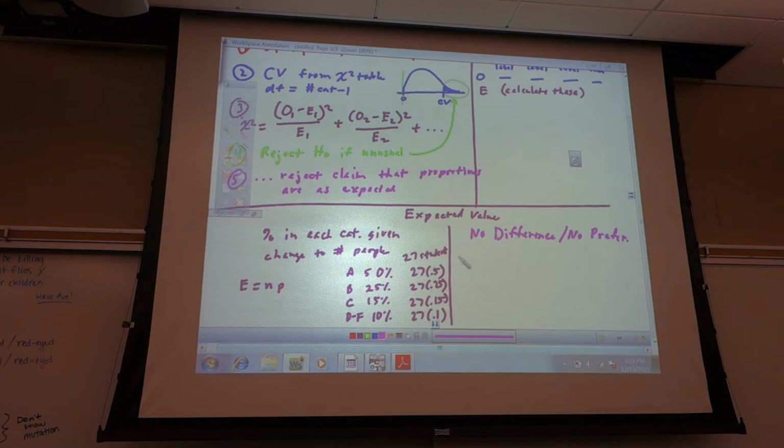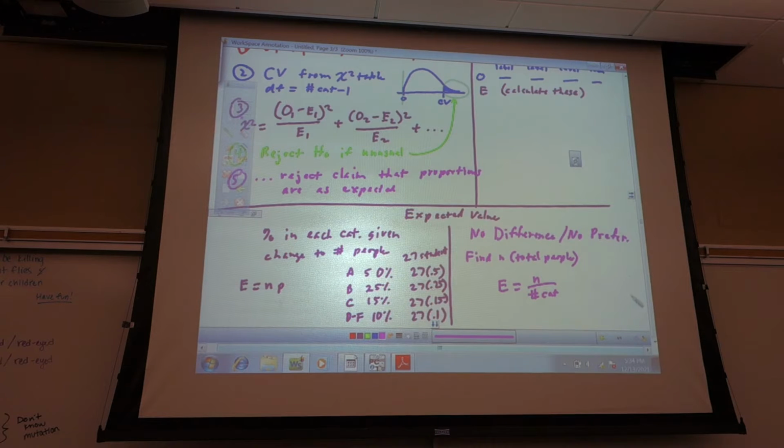So then you count up your N. I'll say find N, total people, and then do what? And then you divide by the number of groups, the number of categories.